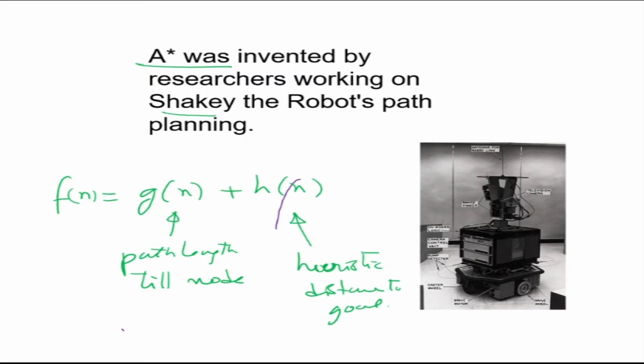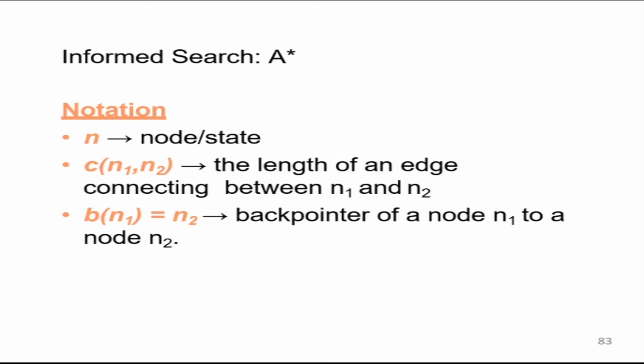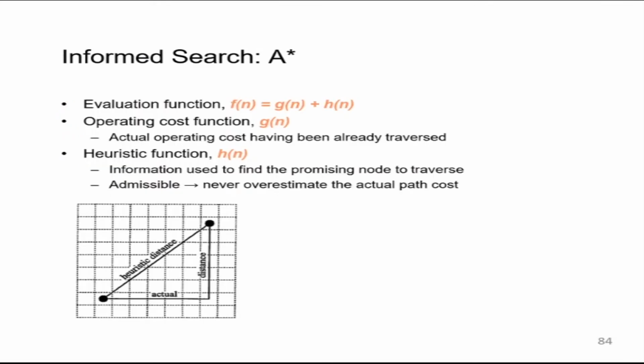In the first case, in Dijkstra's algorithm, we were just looking at the path lengths. We didn't have any heuristic telling us how far the node is from the goal. Whereas here I have a heuristic, which can be the distance to the goal, the heuristic distance.